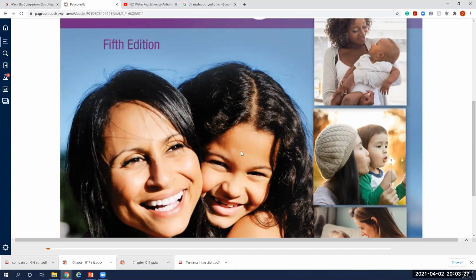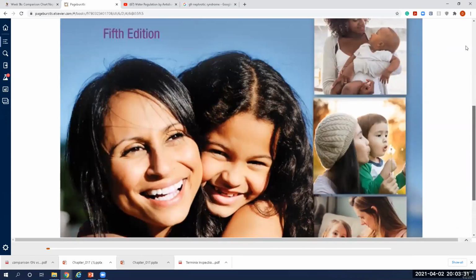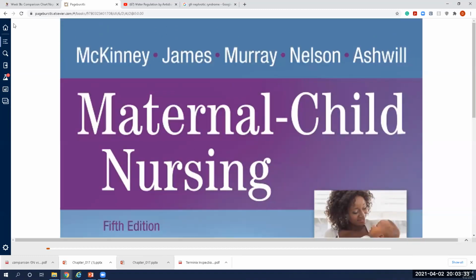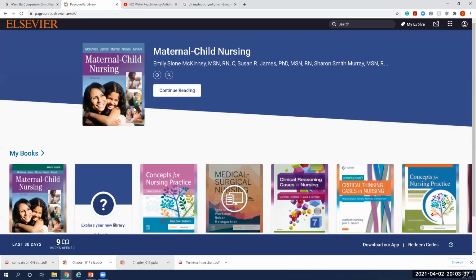Is there a way you guys can add this to your VitalSource? Only if we pay for it. Yeah, I think we have to purchase it in order to have access to it. It's like $125.